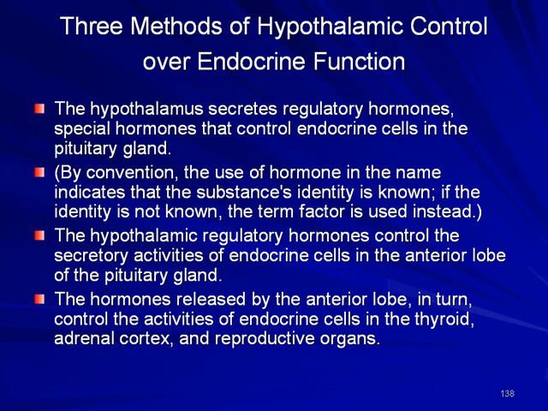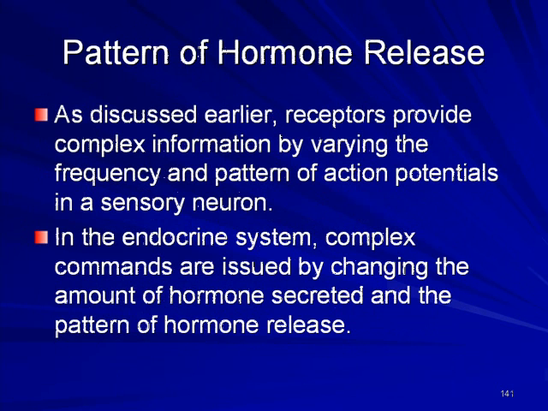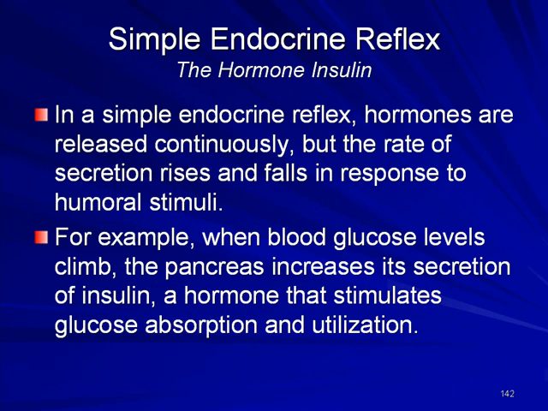The hormones released by the anterior lobe in turn control activities of endocrine cells in the thyroid gland, adrenal gland, and reproductive glands. And this is all pretty much just a review of what we've talked about before.